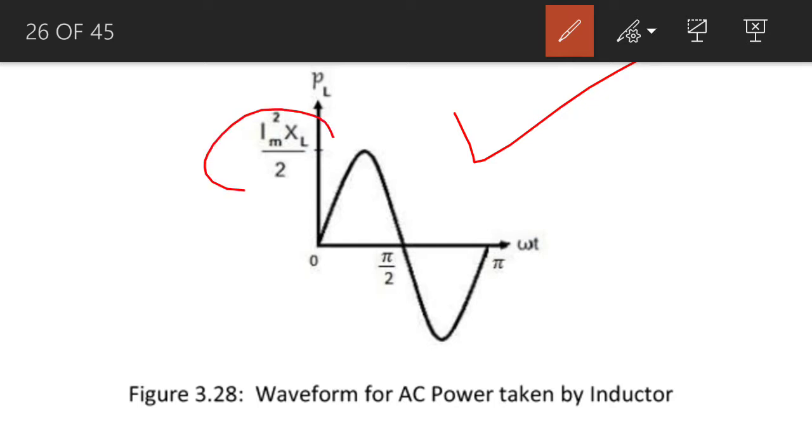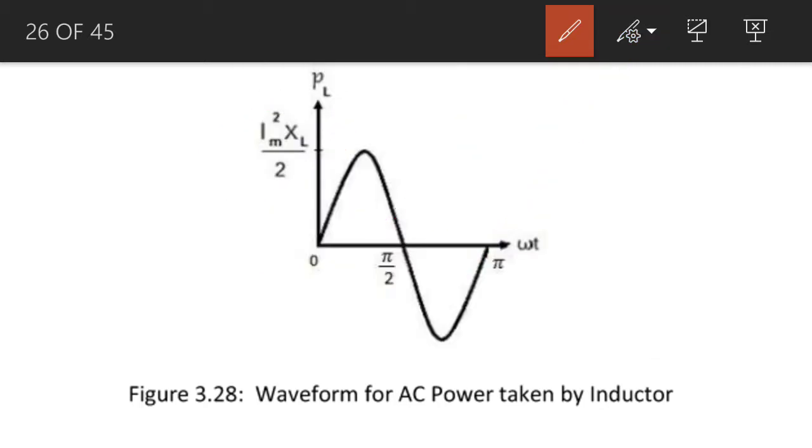The peak value of this power is Im square XL by 2, and the positive half cycle is from 0 to pi by 2, the negative half cycle is from pi by 2 to pi.